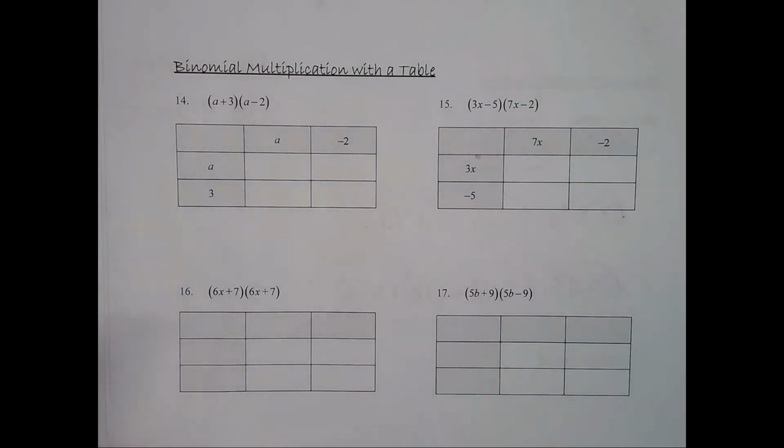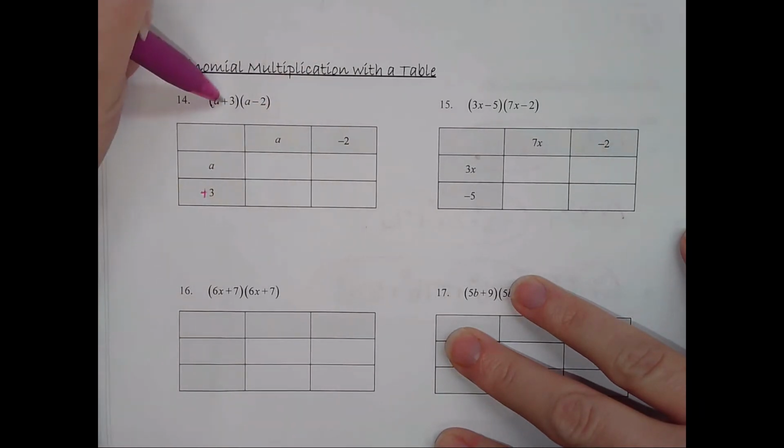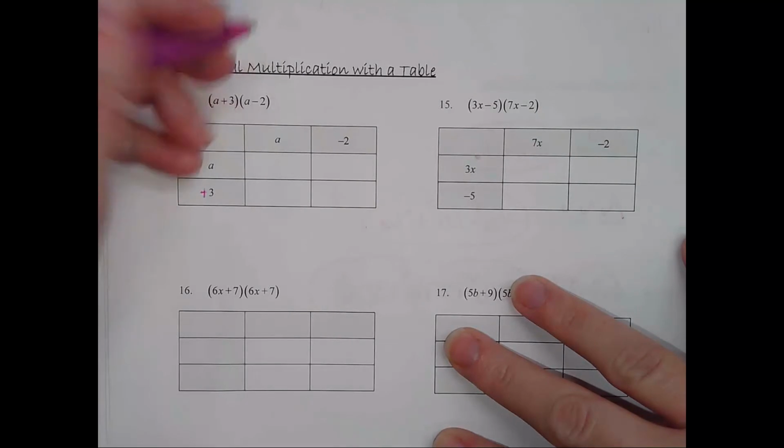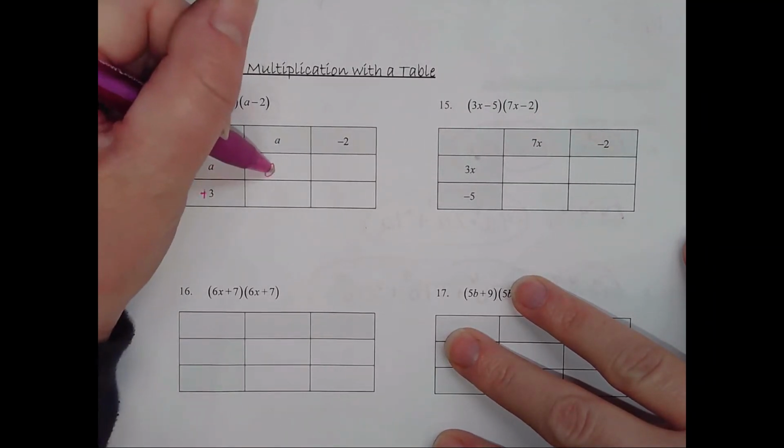And I'm going to show you how to draw these tables so that it's pretty much already done. So when you make these tables, you put A and a positive 3 on top, A and a negative 2 on the side. And all you do is multiply. So A times A is A squared.